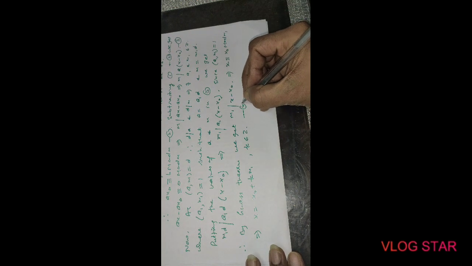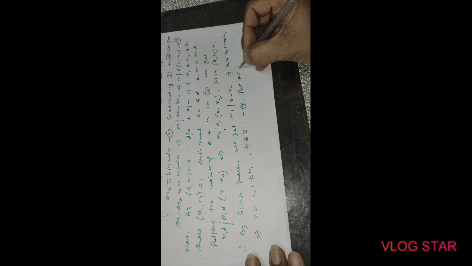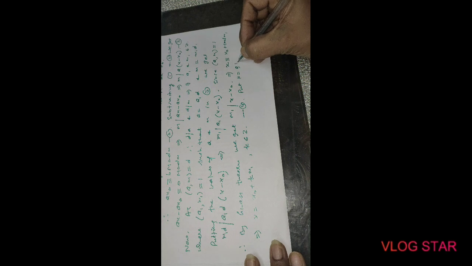Let it be 4. Now put k is equal to 0, 1, 2, and so on up to d minus 1.